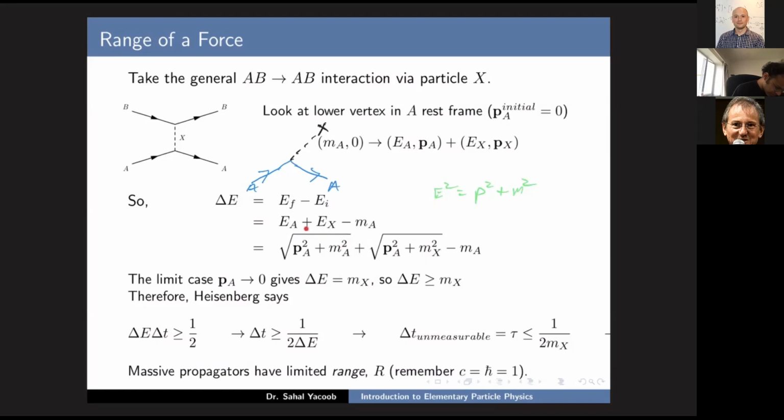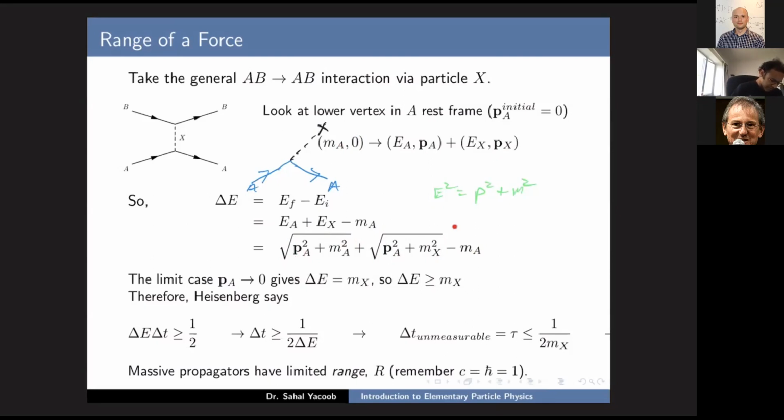So this is our expression for EA. This is our expression for EX. And then the mass of A stays the same. We've basically imposed conservation of momentum. If we start in the rest frame of A with 3-momentum 0, then PX must be minus PA, and PX squared will be PA squared.